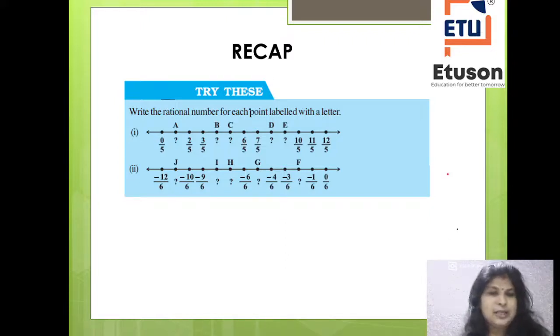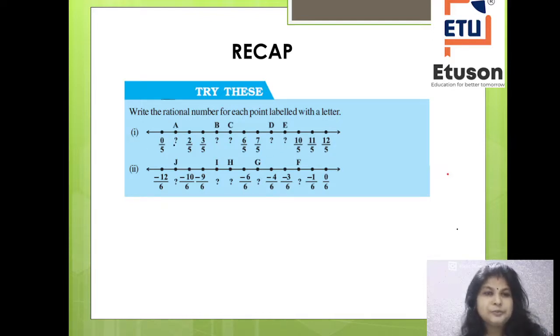This question I had given you in the previous class. Write the rational number for each point labeled with a letter. These are the letters A, B, C, D, E, and you have to write the corresponding rational number at each point. You can see that in every case your denominator is 5.